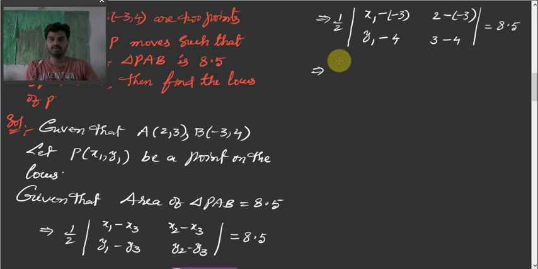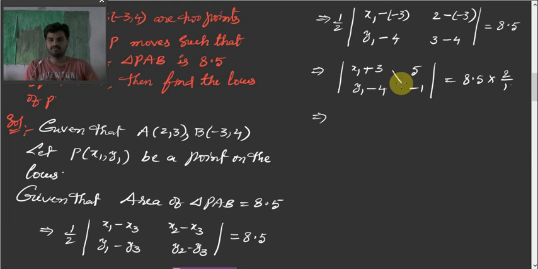Now bring the 1 by 2 from the left hand side to the right hand side. We get 8.5 into 2 by 1. So in the modulus we can simplify: x1 plus 3, 2 minus of minus 3 is 5. Next y1 minus 4, here minus 1 we get. So 8.5 into 2 by 1 is the answer here.